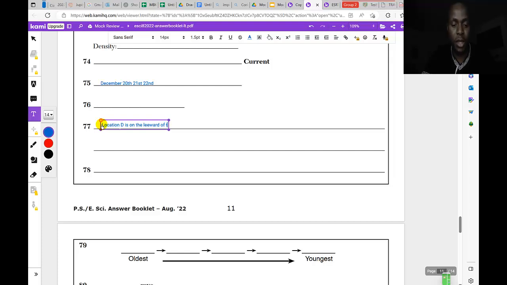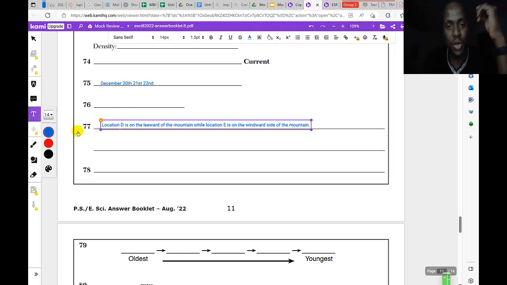It's on the leeward side of the mountain, while location E is on the windward side of the mountain. All right, I think those are the words that they really want you to remember or to use while answering this question: windward and leeward side of the mountain.